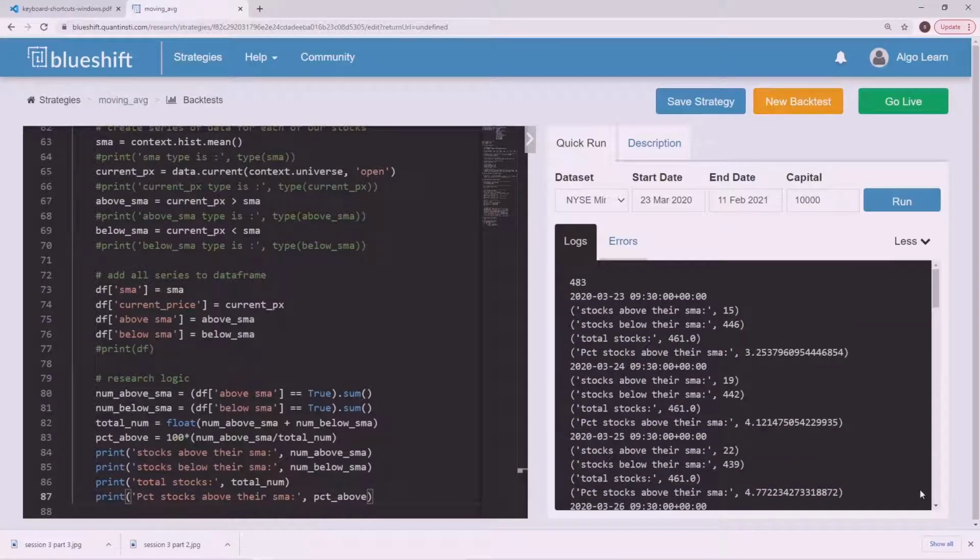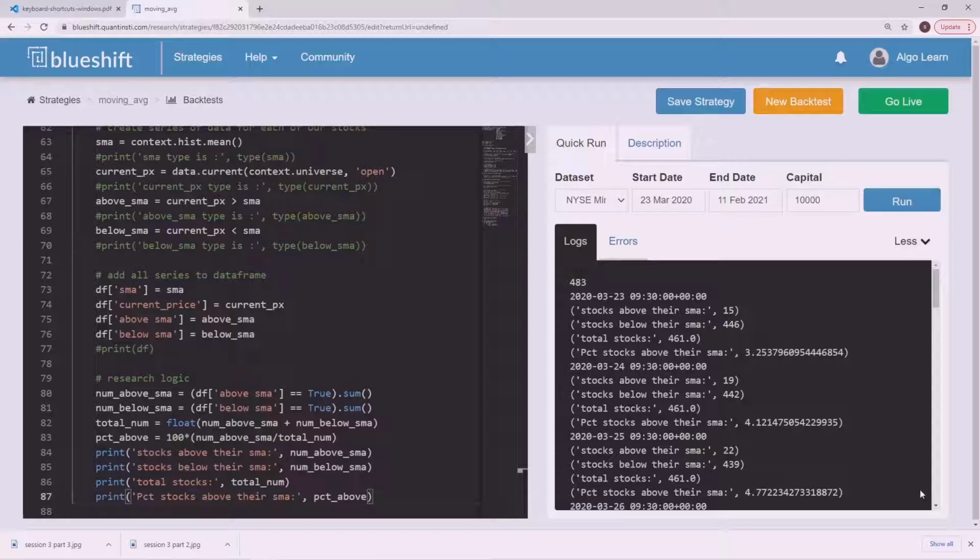So anyway, here we go. Much different story. March 23rd, 2020, 9:30 in the morning, market opens. Only 15 stocks are above their 200 moving day average. You can see that's just 3.25% of the total stocks that we've looked at, 461 stocks.